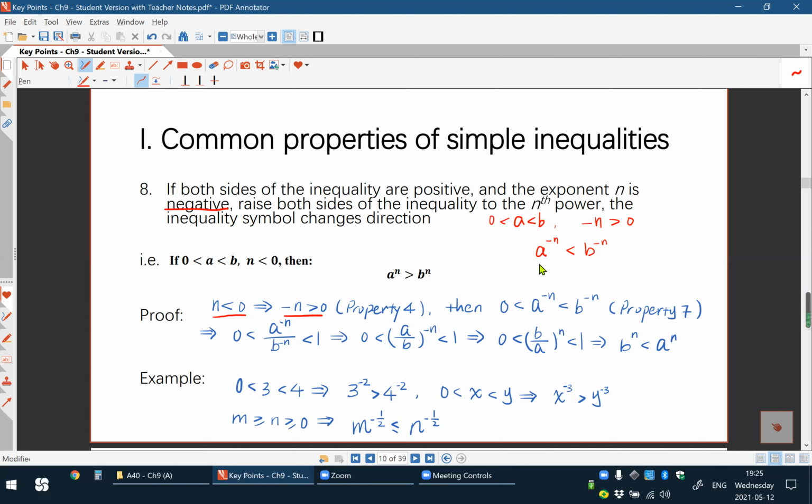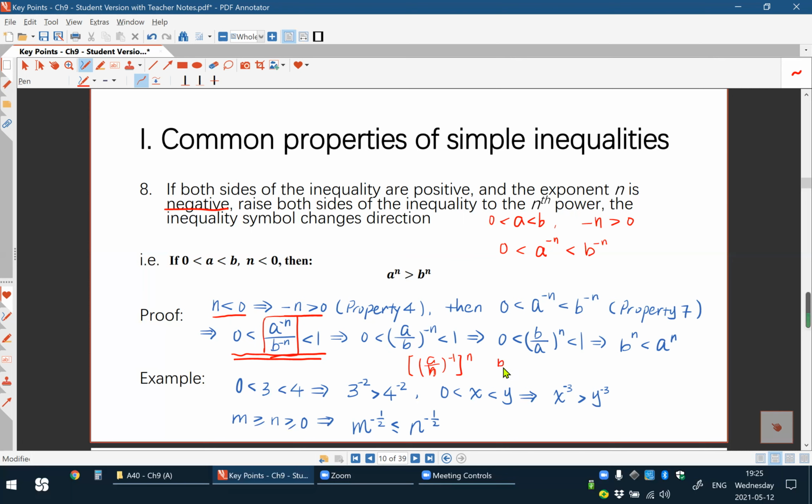And note that we can divide both sides of the inequality by a b to the minus n to get the inequality here, right? And the number in the middle can be combined to a over b to the minus nth power, which is a over b to the minus 1 power, and then to the nth power, right?